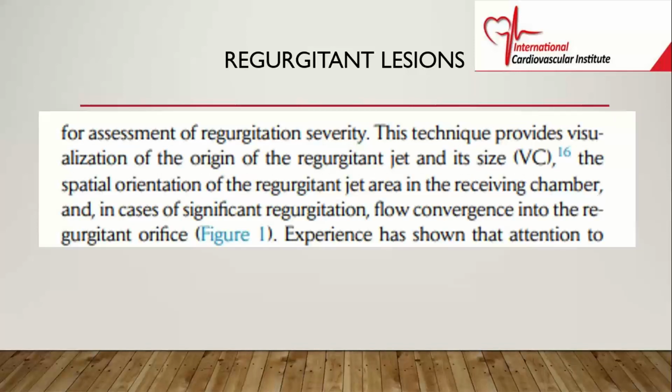And the things that we look at is the vena contracta. So remember now, let's take mitral regurgitation, but it's the same for all regurgitant lesions. When you have backflow across the mitral valve, the flow is going to occur just in a specific area. It's not going to be chaotic and things are going to spew all over the place. That flow is going to be organized with a certain width and a certain area.